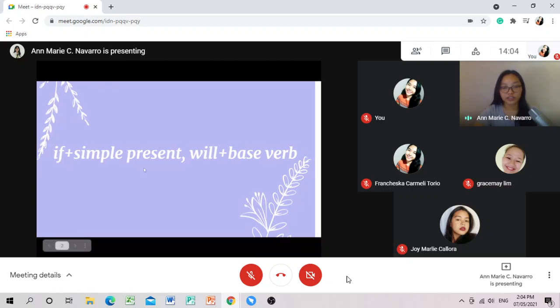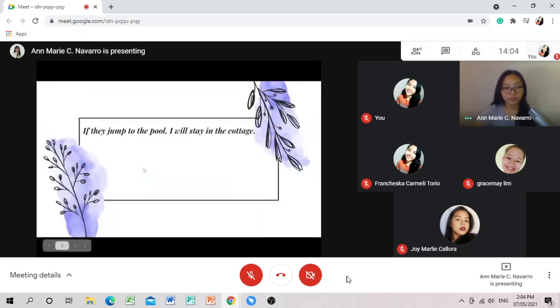For the next slide, for example, if they jump to the pool, I will stay in the cottage. So this sentence shows the possibility of people jumping into the pool, and the possibility of the speaker staying in the cottage.